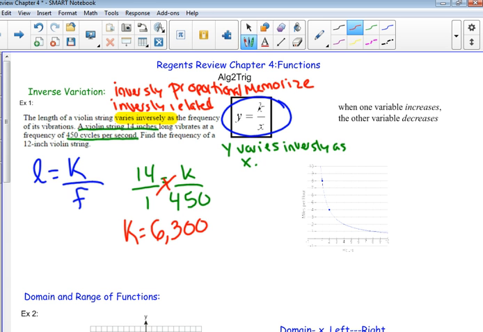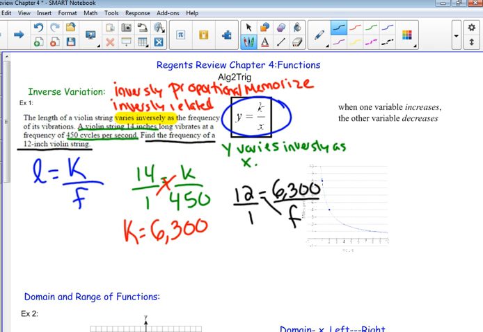Once you guys have K equals 6,300, K is called your constant of proportionality. So what we're going to use is this K again to answer the second part. This time it says find the frequency of a 12-inch violin string. Well, what would the L be? Do you guys know? 12, good. And then K is going to stay K. And then we want to find the frequency. We don't know what F is.